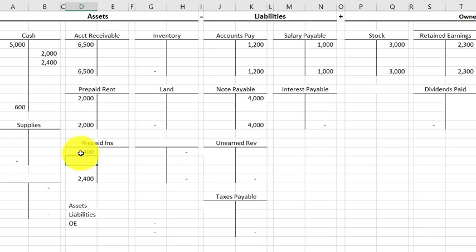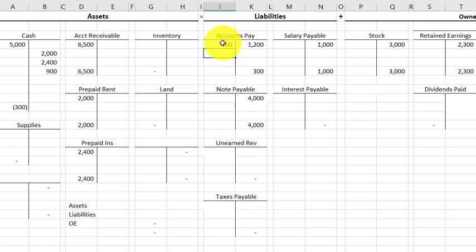We're going to go up by $2,400. Next, pay $900 of our accounts payable balance. We're going to credit cash $900 and debit accounts payable because we're making both of them go down, right? Cash is going to go down, accounts payable down, so we debit accounts payable, credit cash.